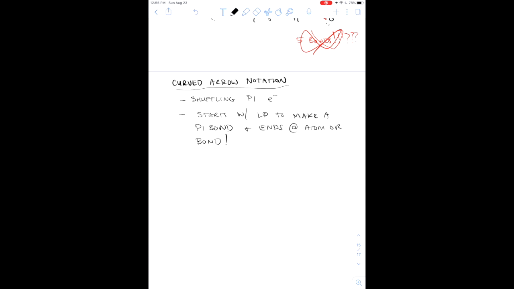That's what would be making that pi bond. If it ends at the atom, then it's just a lone pair. So here's an example for you. Sorry, I want to put a little caret right there. So start with a lone pair or a pi bond, and then you can make a pi bond, or if you end in an atom, you can make the lone pairs, okay?